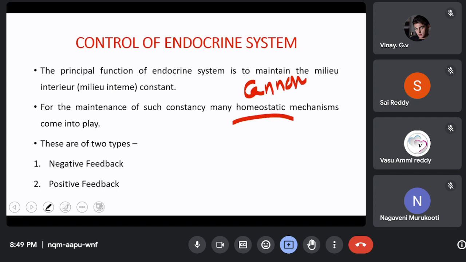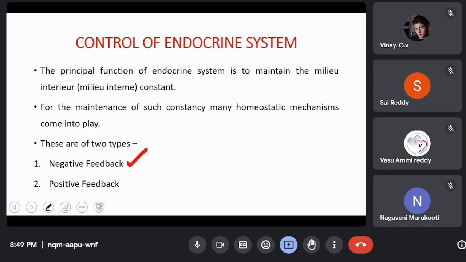And homeostasis is achieved by the integration of the nervous system and also the endocrine system, which we call neuroendocrine integration. Thus, the endocrine system is also responsible for maintaining the intracellular environment constant, a process called homeostasis. And this is accomplished in two ways.